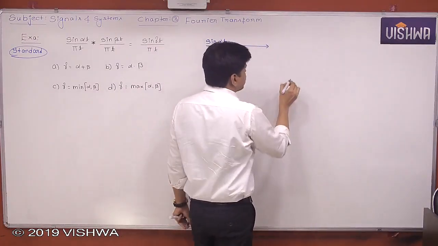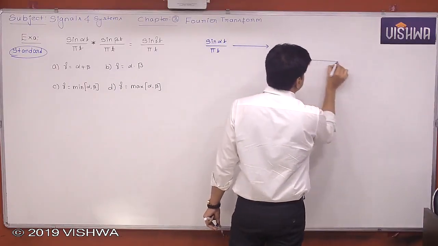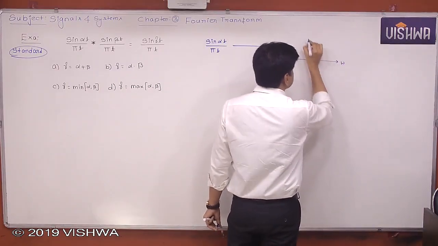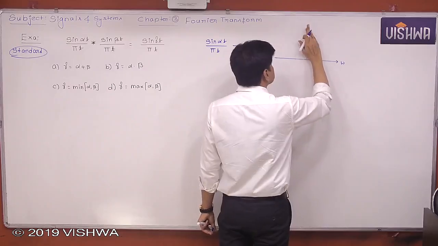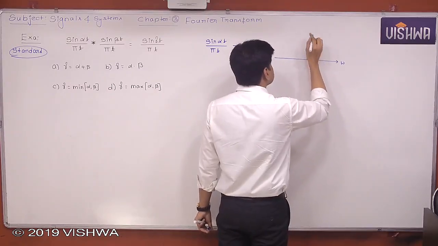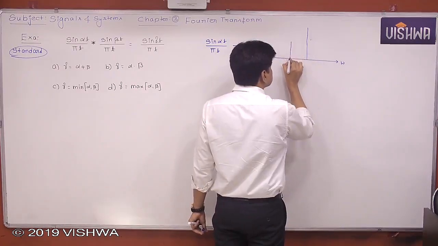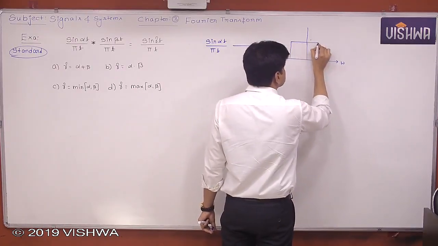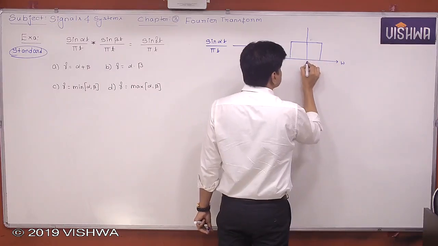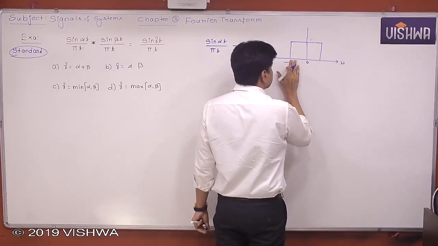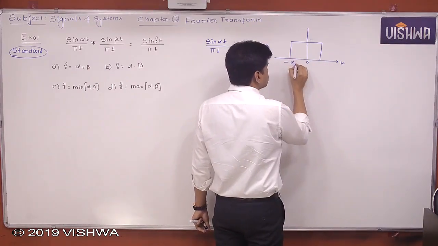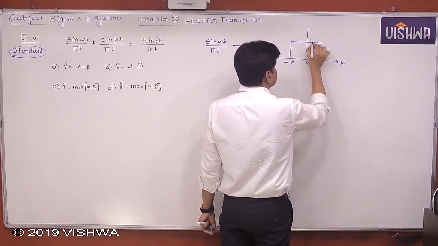It has a Fourier transform, which is nothing but a rectangular pulse. So actually it is a low pass filter. It is a low pass filter, with value 1 from minus alpha to plus alpha and zero elsewhere.